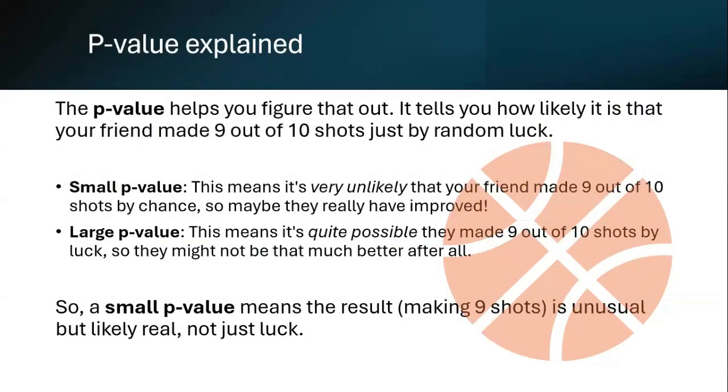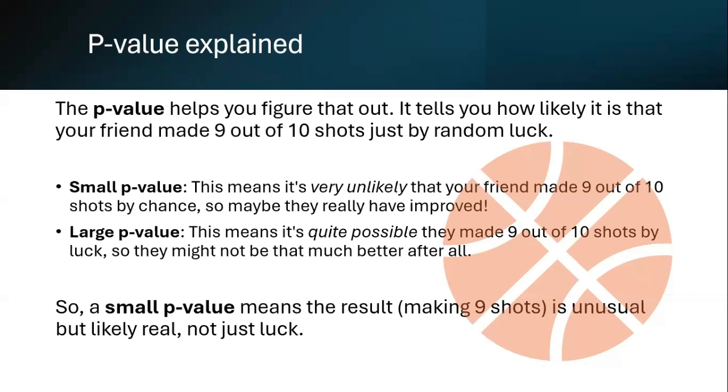So you run an analysis, and let's say you come up with either one of these two results. If the analysis comes up with a small p-value, that means it's very unlikely that your friend made 9 out of 10 shots by chance, so he may actually have improved his shot.